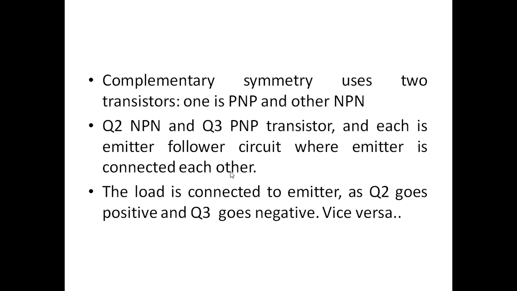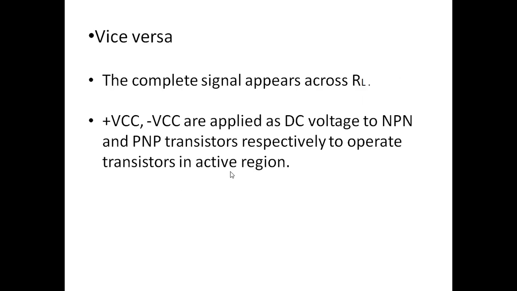During positive half cycle, Q2 goes positive or on state, whereas Q3 goes to off state. Similarly, during negative half cycle, Q2 goes off, Q3 goes on. Therefore, at each half cycle, the output can be measured across the load resistor.